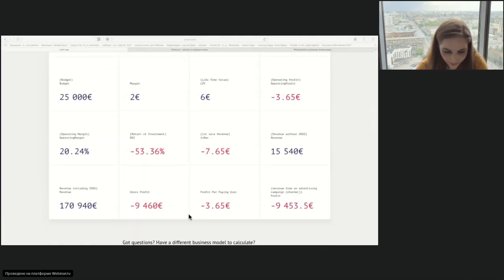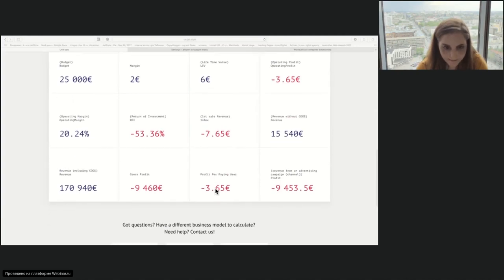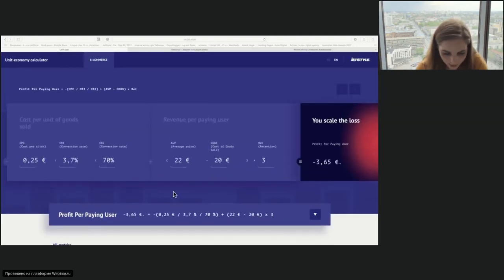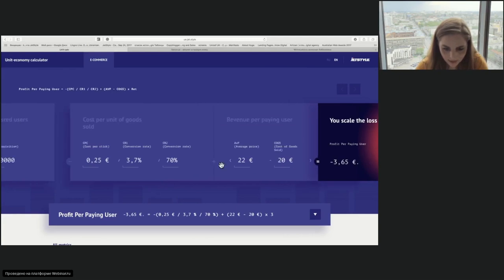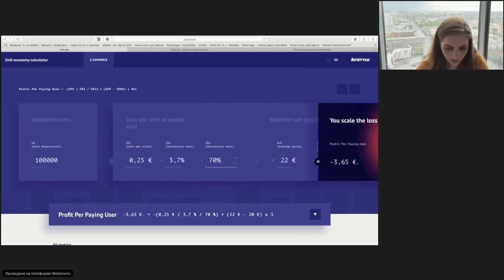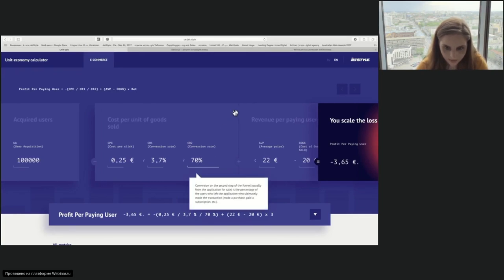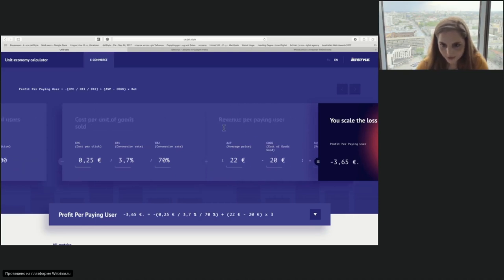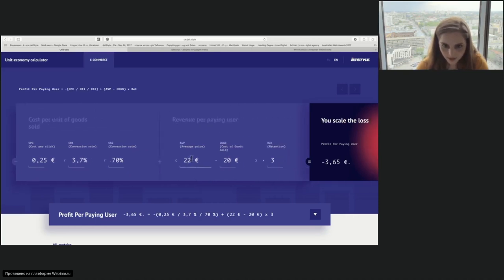Well, what else can be done? Let's look at the whole picture and think what numbers should be increased. It would be a great idea to increase this number, the average price.